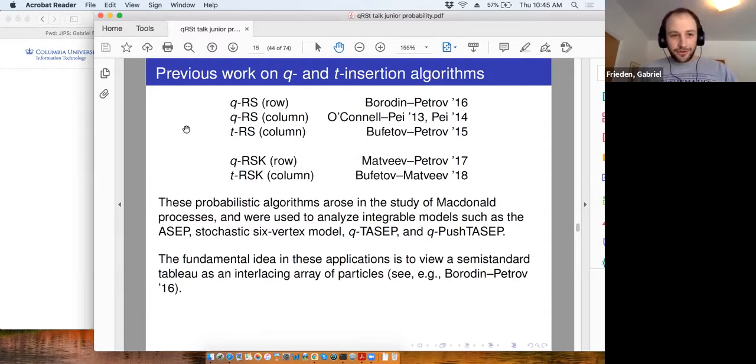You try to insert things from the left, but you actually have a probability of inserting it anywhere. It doesn't always go into the first column. And then there are various variations on these algorithms, and some generalizations to the full RSK setting of semi-standard tableaux.